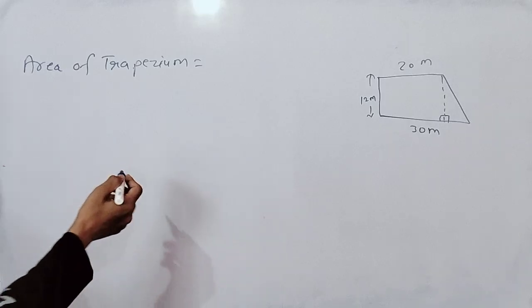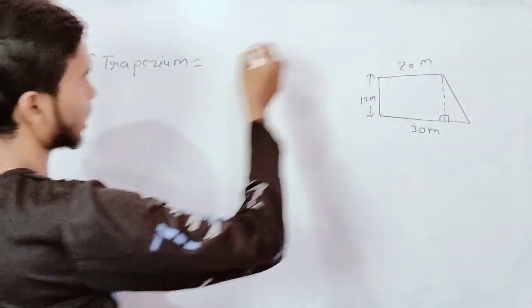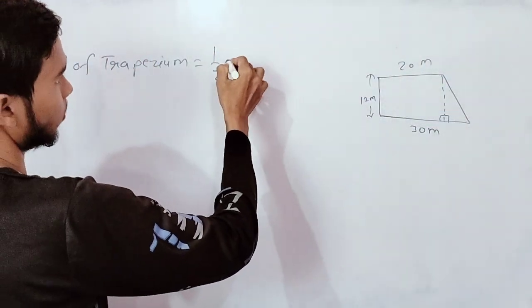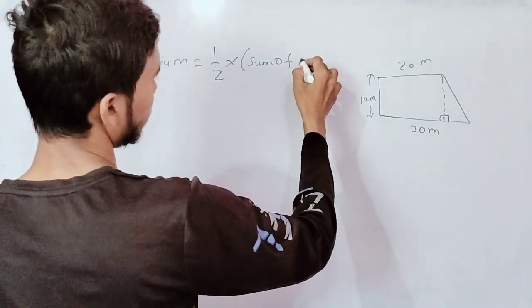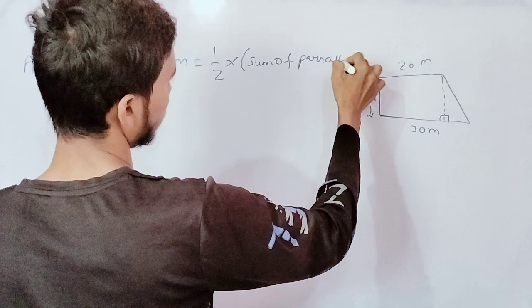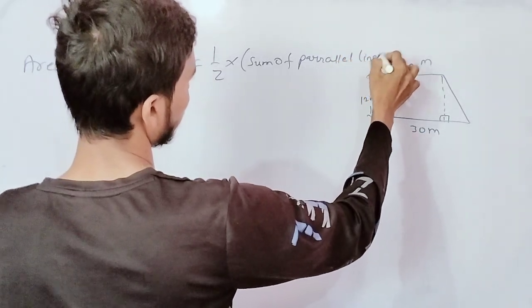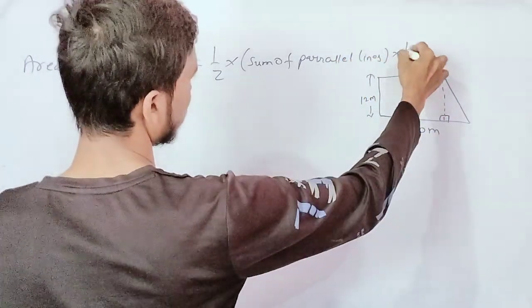just the same as for a triangle: 1/2 multiple sum of parallel lines into height.